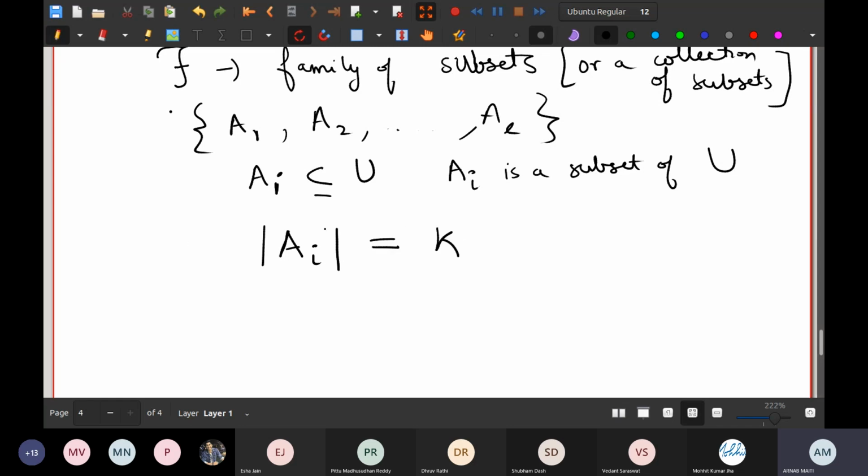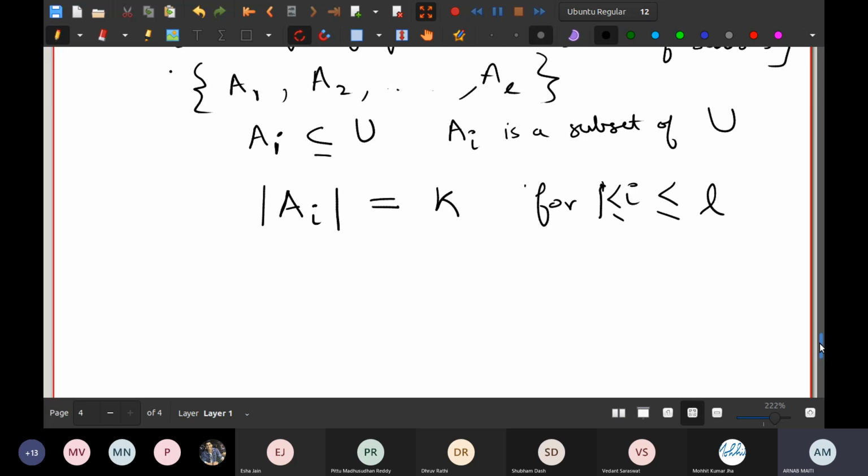Okay, some number k. So the number of elements in this subset A_i is equal to k. This is for all i between 1 and L. So we have L subsets, and this holds for all i between 1 and L. Okay.